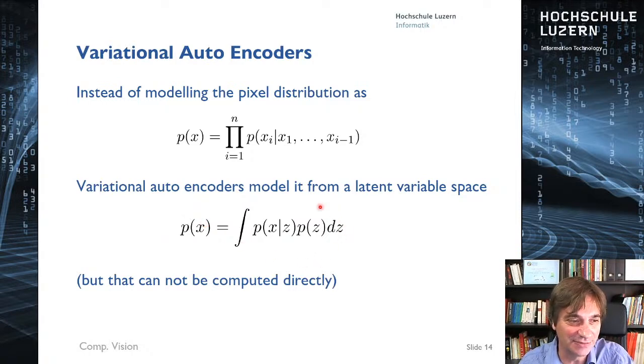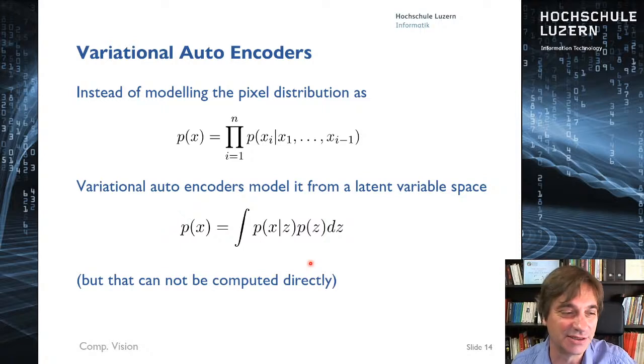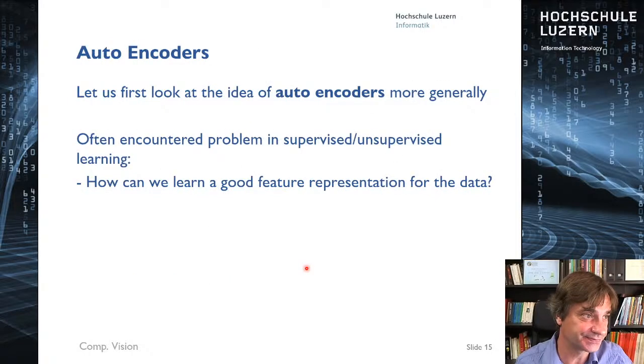Okay, so you will be given the latent variable space. We have to learn how to find that, and then the variational autoencoder can generate the image from that latent variable space using that transform here. The problem is that the integral cannot really be computed directly, so there are a lot of tricks involved to make it work here.